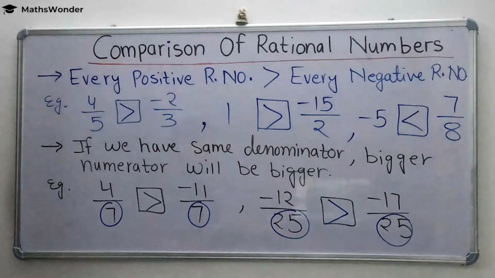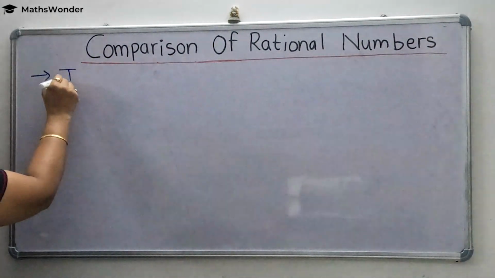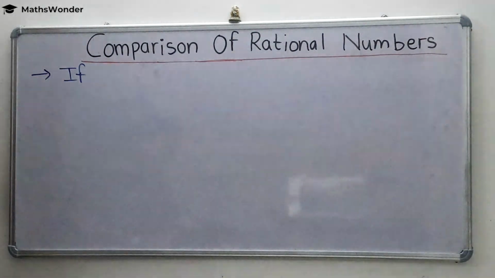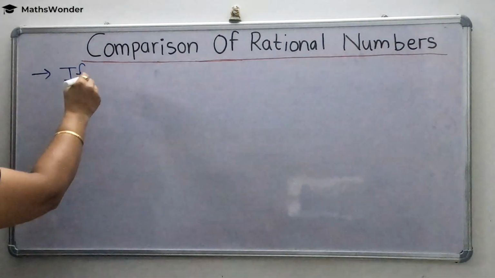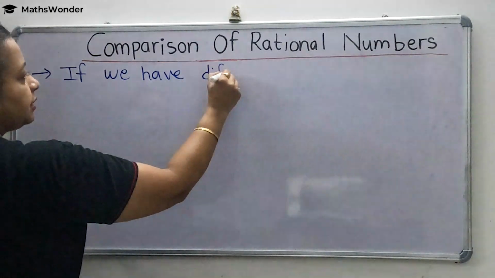Now the last property is, if two rational numbers have different numerators. Okay. Now I will explain with a new method. Write down the next property. Now the last property, the fifth property, is if we have different denominators.